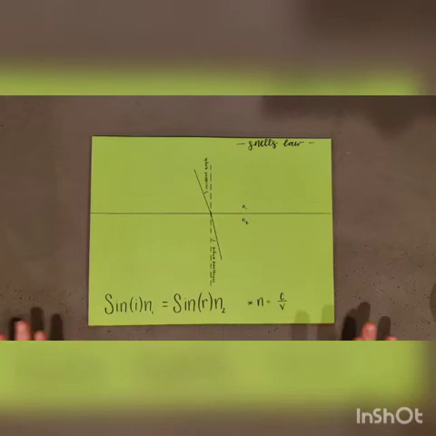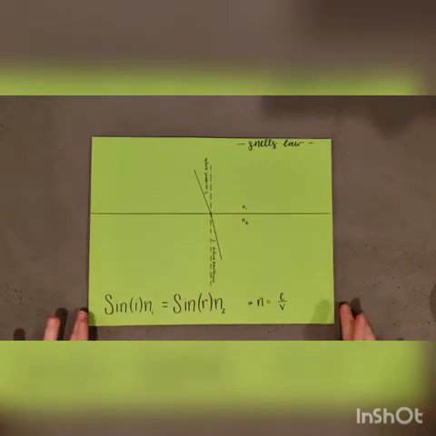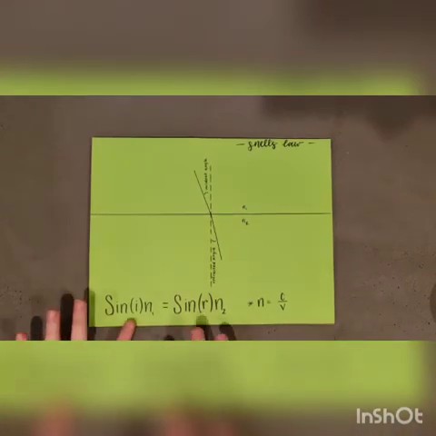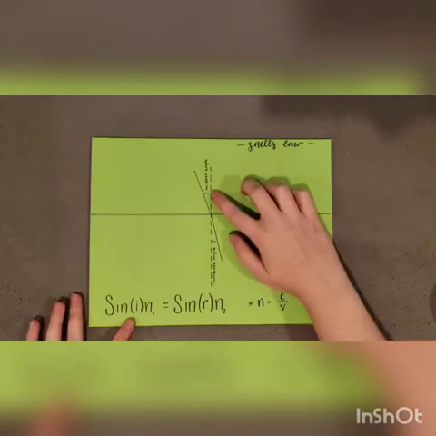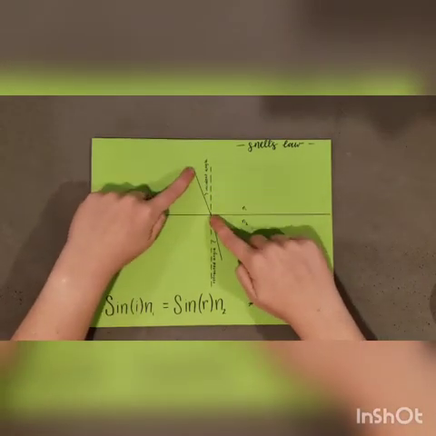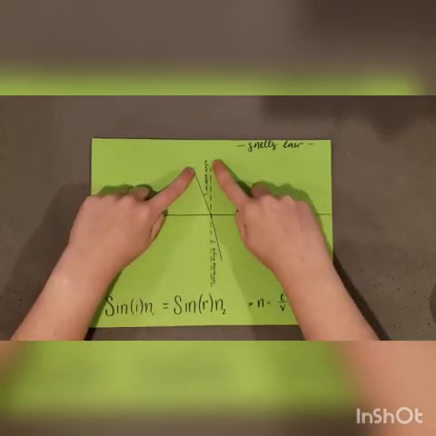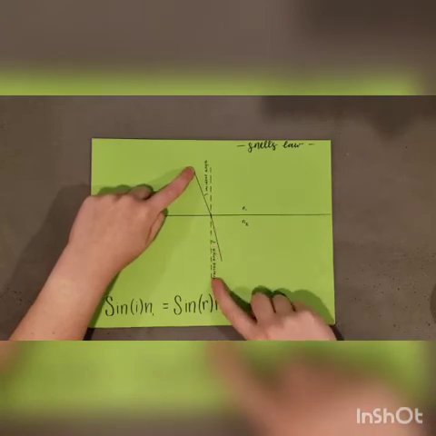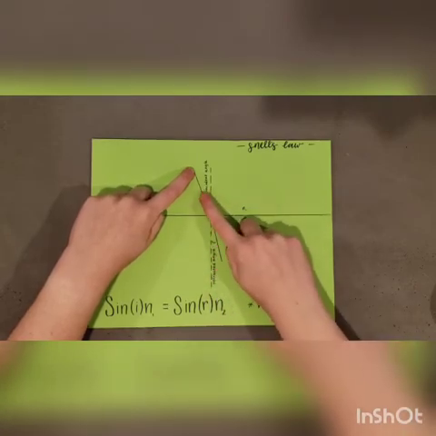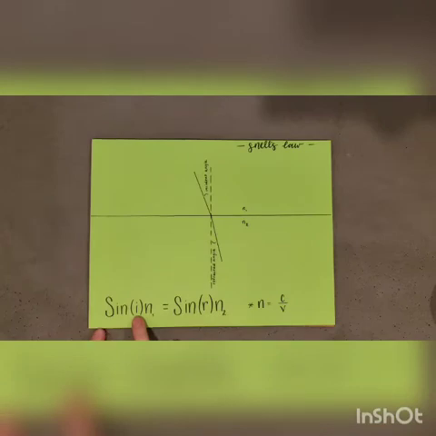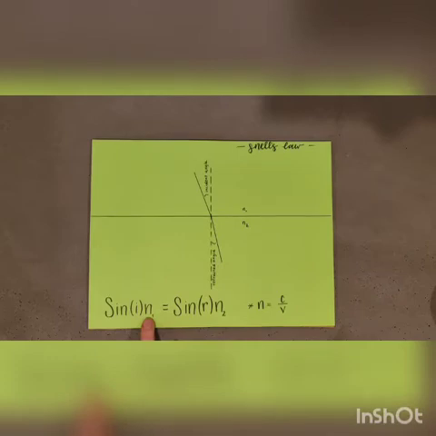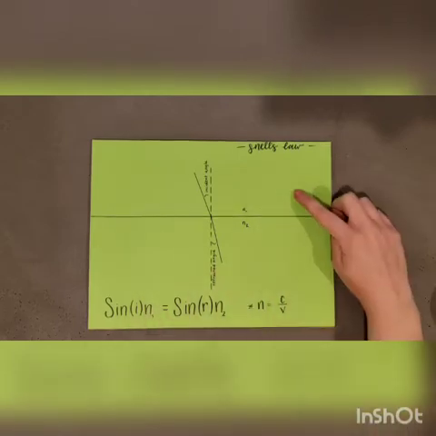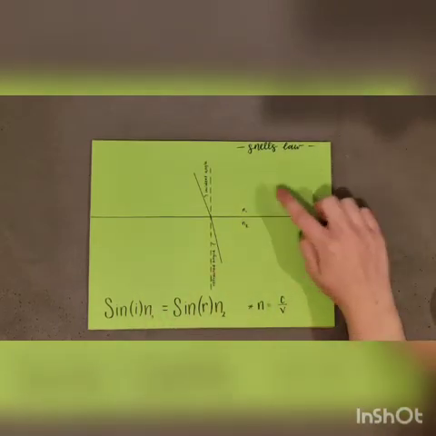So here we have Snell's law, and it states that the sine of the incident angle, which is this angle between the incident ray and the normal line, the dotted line is the normal line. So this angle between these two lines is the incident angle, which will be used for the sine of the incident angle times the index of refraction for the first material here, N1.